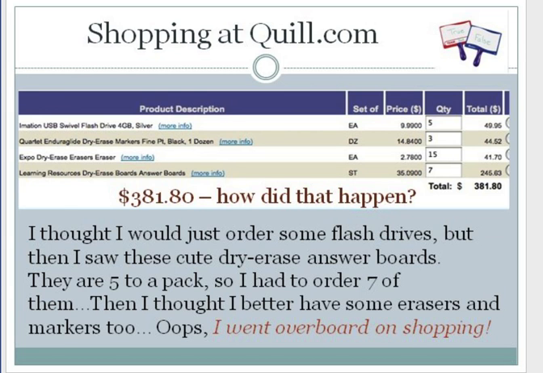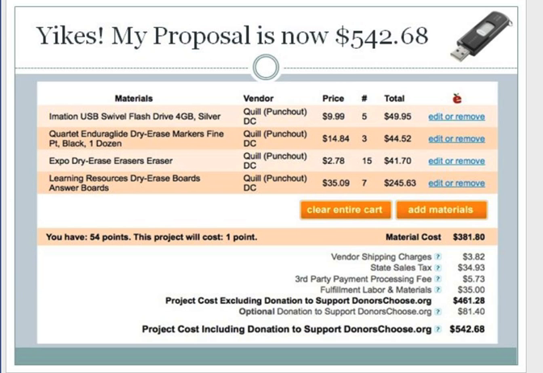Well, what happened was I knew I was under $100, and I said, well, let's get some dry erase markers. And then I saw these adorable little answer boards, and so I had to buy those. And suddenly my proposal was up to $380. That's not good because DonorsChoose adds on costs: shipping, tax, third-party processing fee, optional donations. So suddenly my proposal was up to $500.